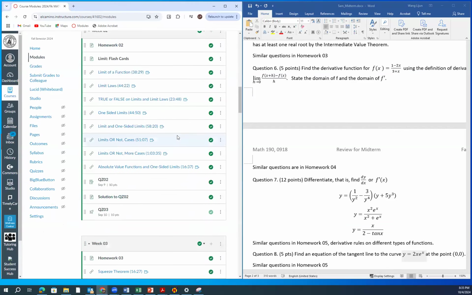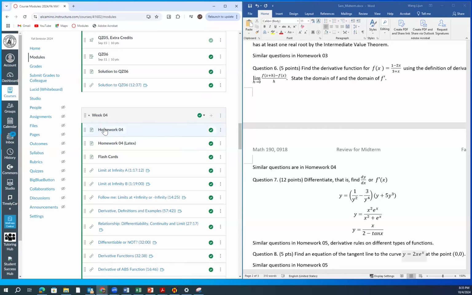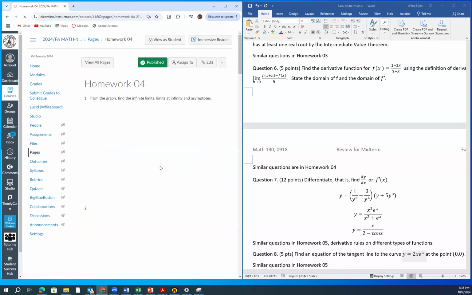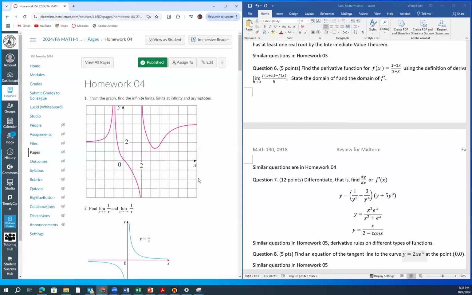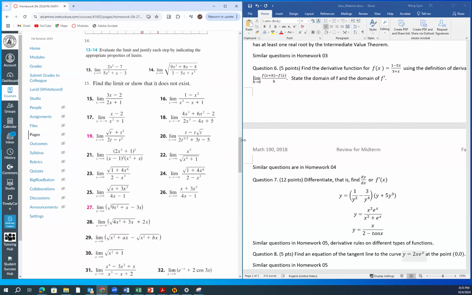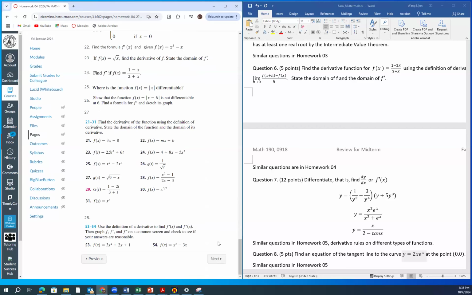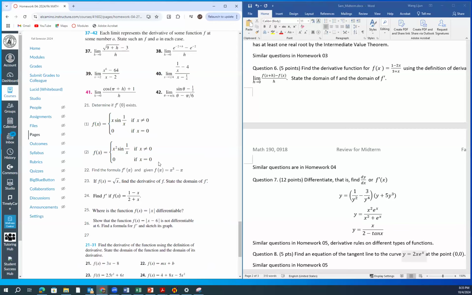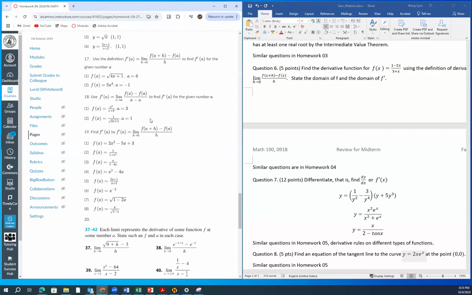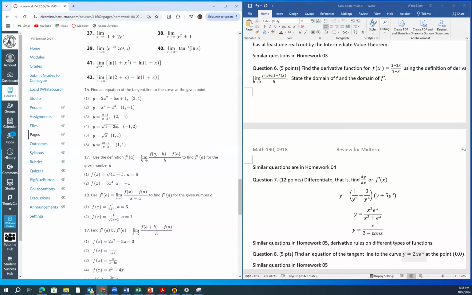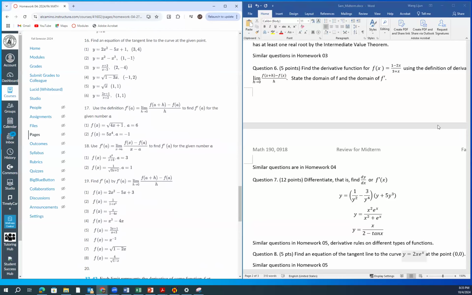Since then, we've been covering the limit laws, derivative rules, the rules of derivative, right? But before that, there will be a question on the exam on how to find a derivative, right? So we have all these different types of questions on how to find the derivative and how to find tangent lines. And the tangent line question comes next.